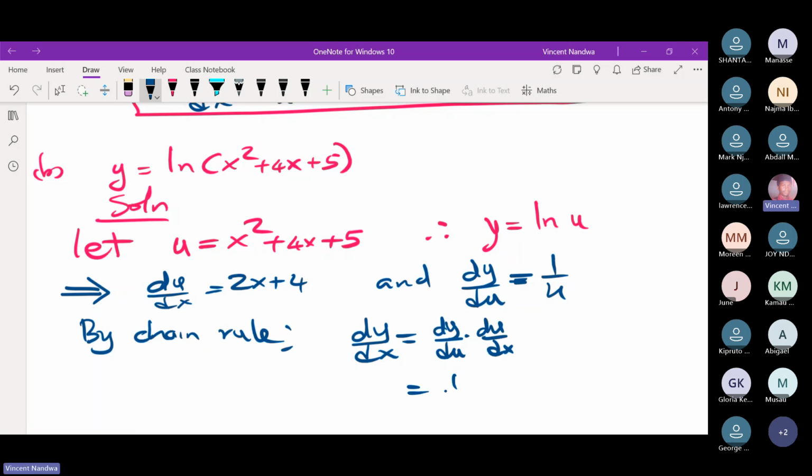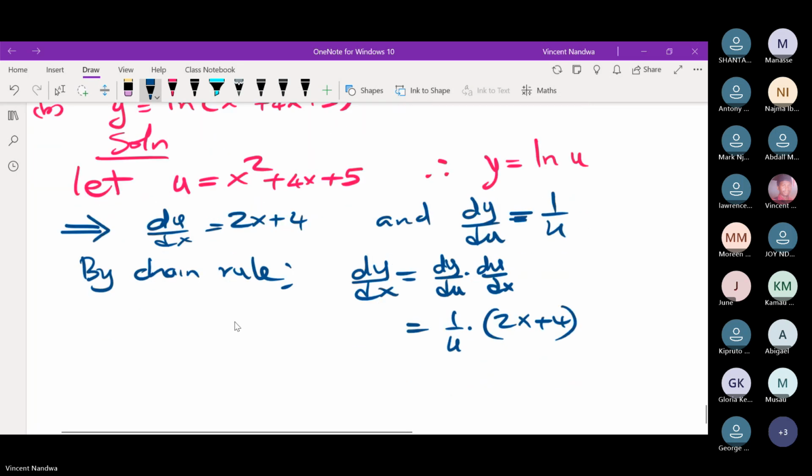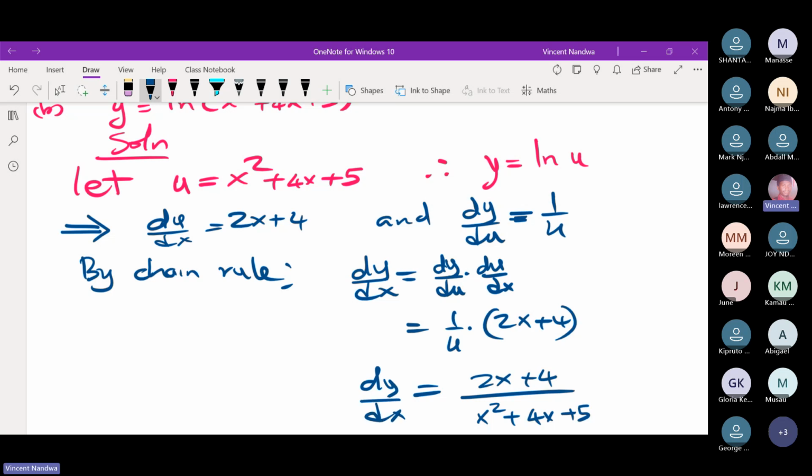So which will be 1 over u times 2x plus 4, which will be given by 2x plus 4 divided by u, which is x squared plus 4x plus 5. So this will be our dy dx solution.